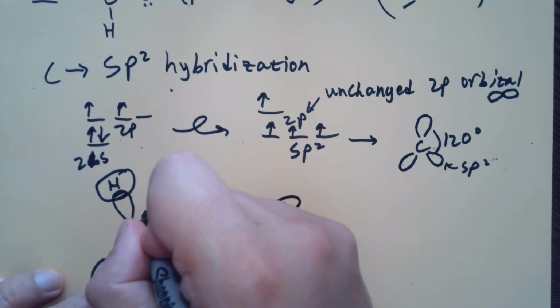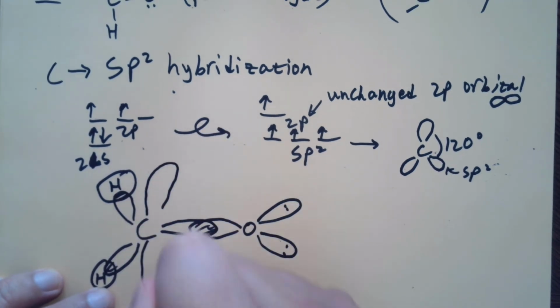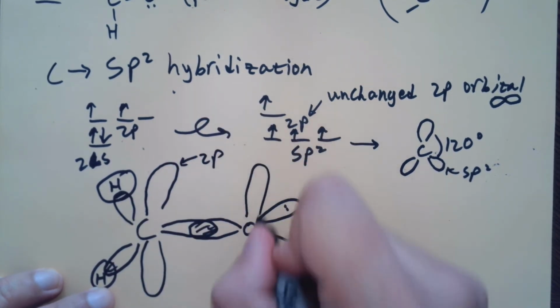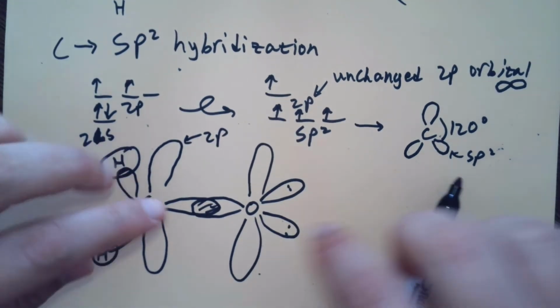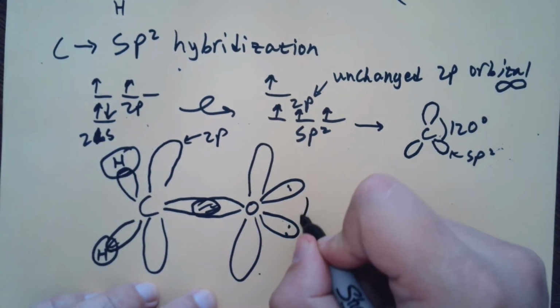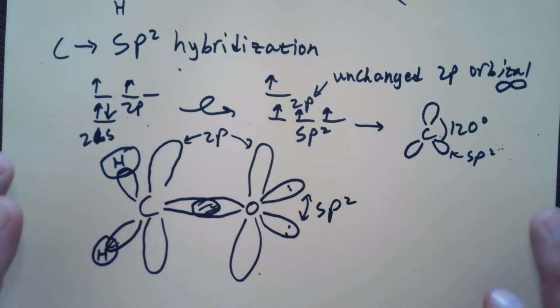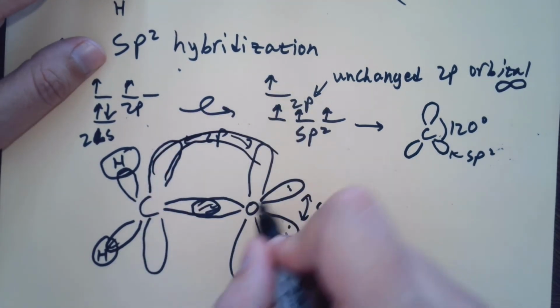And then I also have these p orbitals going above and below. So we have sp2, and then we have 2p. And again, the book's going to have better pictures for this. But here's what happens. These overlap into each other.